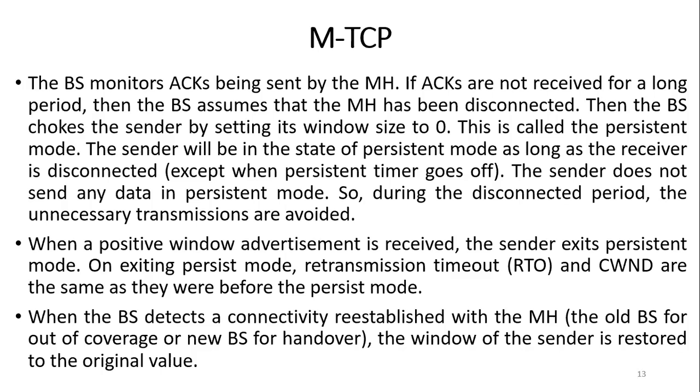So this is done by the intermediate network, the base station. We know that there's a field in the TCP header to advertise how much should be sent. So it just puts 0. And this is called persistent mode. So the sender will be in this state of persistent mode as long as the receiver is disconnected.